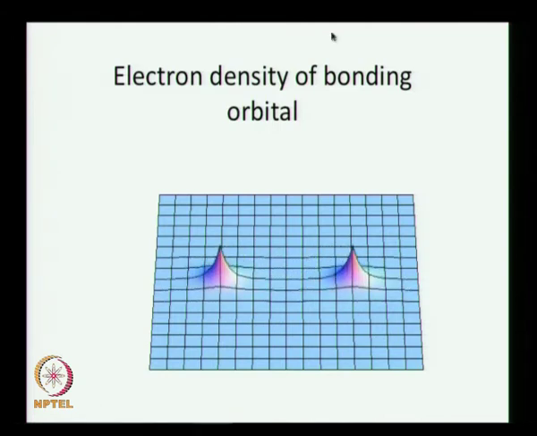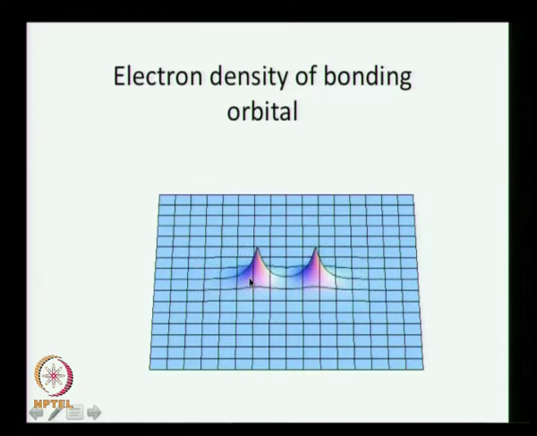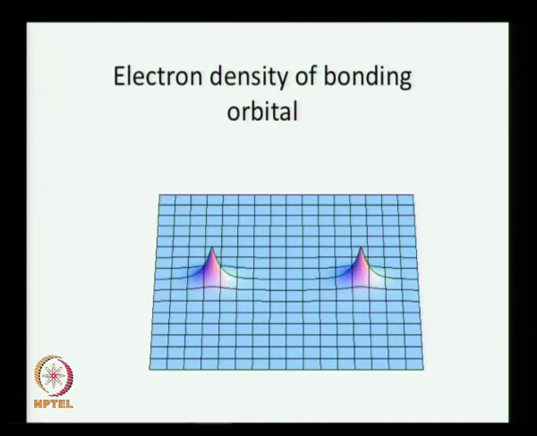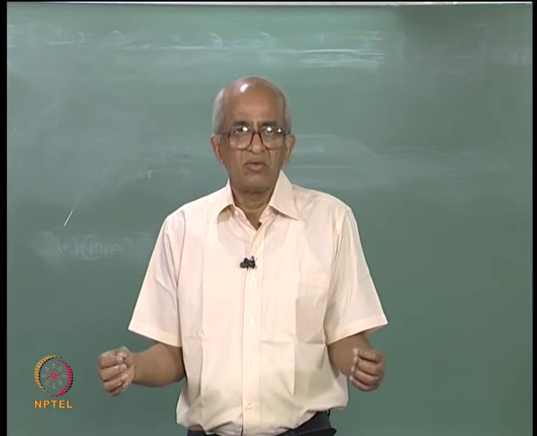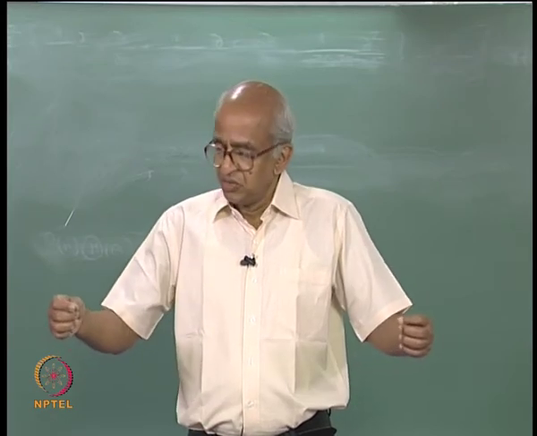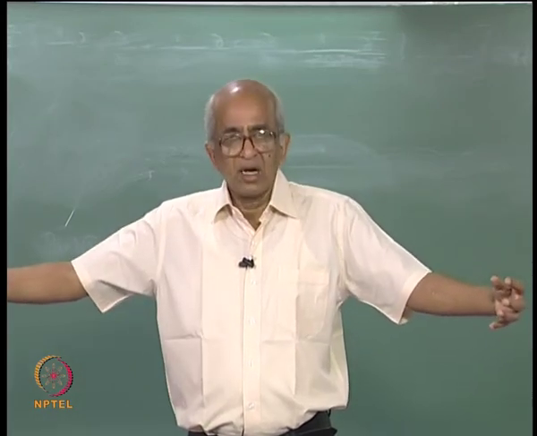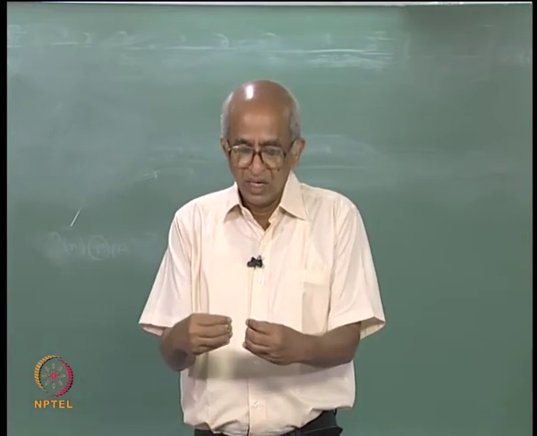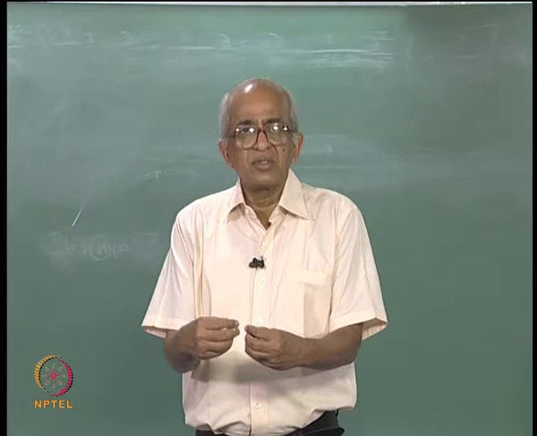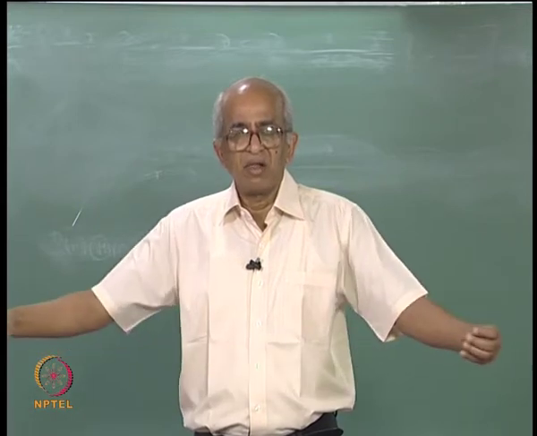You can see that the nuclei are sitting at these points where the tips of these two tents are, and you would realize that the electron density in the internuclear region is increasing as the two nuclei come together. In the animation, the two nuclei start at large distance, then they come closer and closer, and then eventually after coming close we allow them to separate.